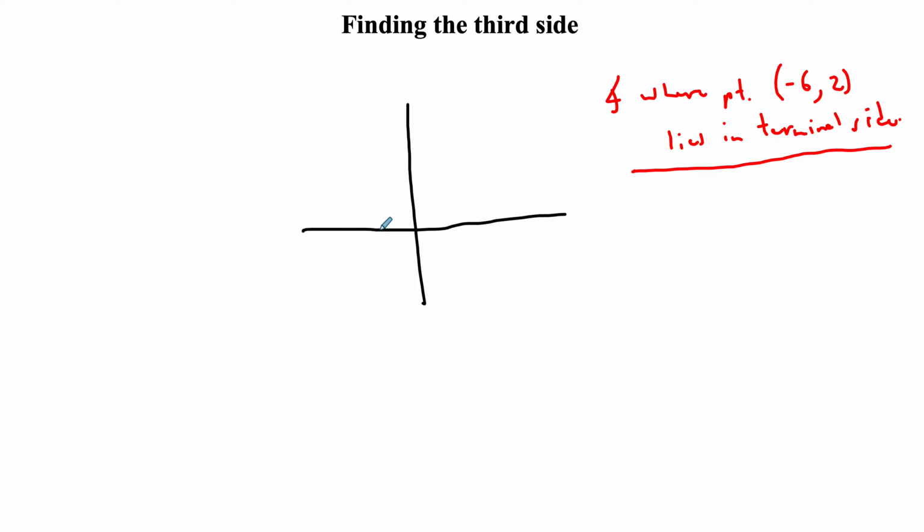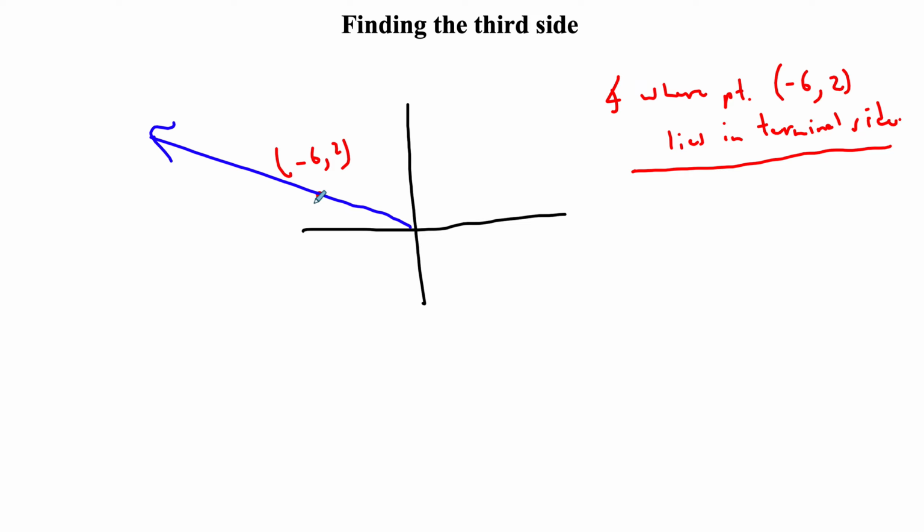So what this means is you're looking at an angle where it's negative 6 this way and 2 this way. So you're looking at some angle where that point, negative 6, 2, is on that terminal side. Now the terminal side really is a ray, so it could go on forever, but this point is definitely on there.